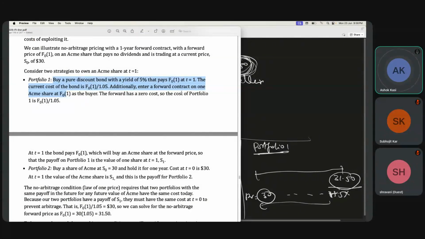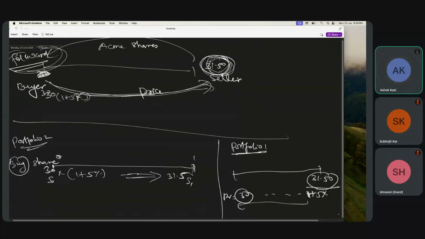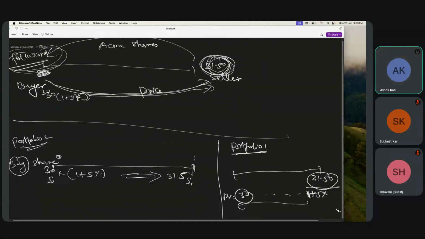Additionally, enter into a forward contract on one Acme share at F01 as the buyer. That means you buy a bond at 30 today, and after 1 year, this bond will give you 31.50. Plus, you enter into your forward agreement to buy the share.